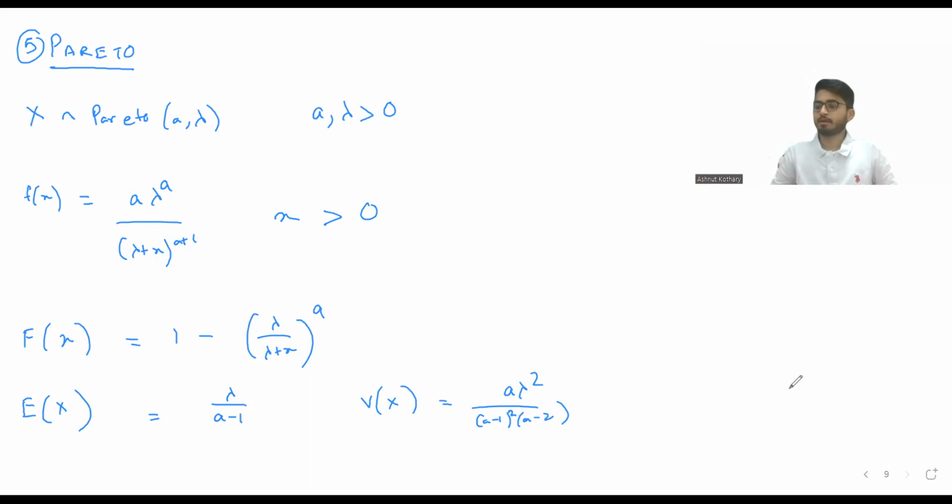So the mean is lambda by alpha minus 1, and the variance is alpha lambda square by alpha minus 1 whole square, alpha minus 2.